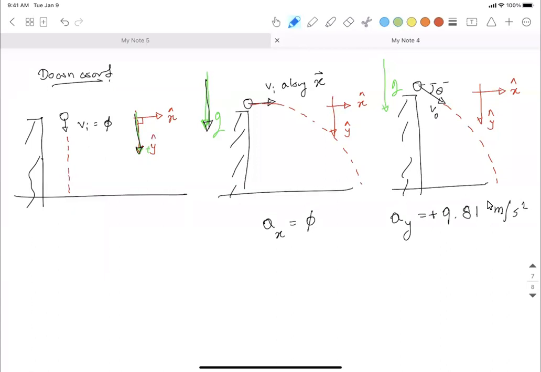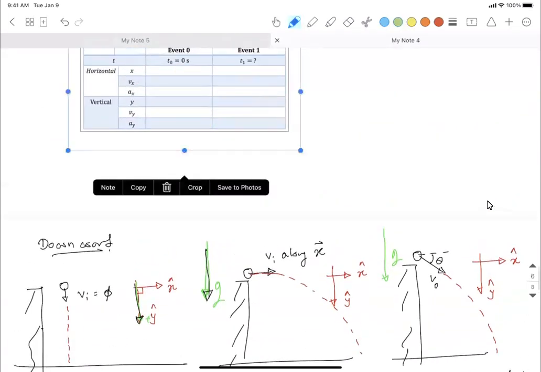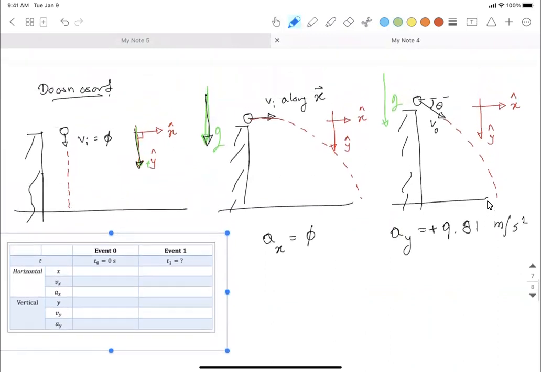Whenever you substitute, if I get the table again, in any of these cases, you can go ahead. If you pick right here, this is your origin, x direction right here, y direction down below.